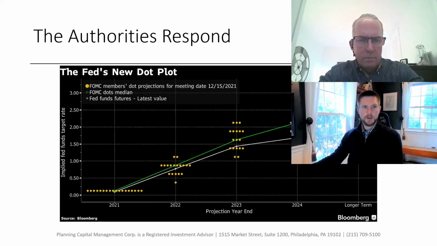The thing is that longer term, over the next 2 to 3 years, this gray line represents what the market thinks is going to happen. So the market is undershooting what the Federal Reserve chairs have stated they believe to be their objective.